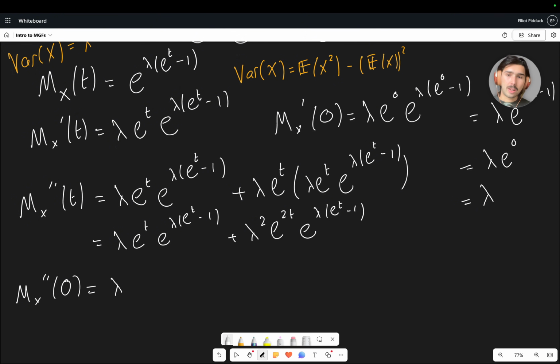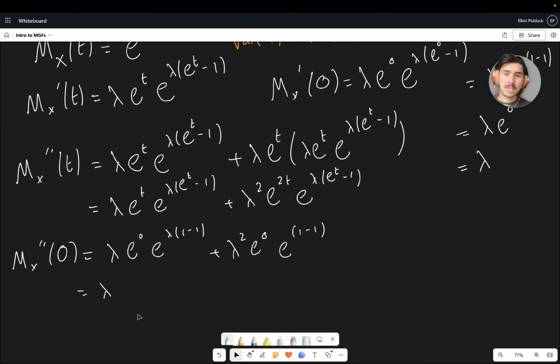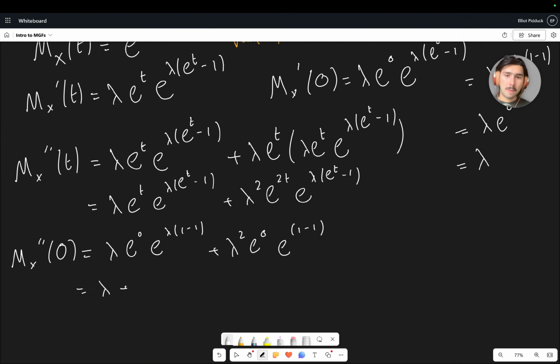So we're going to have lambda times e to the 0 times e to the lambda, this is basically 1 minus 1 here, plus lambda squared e to the 0 e to the, again, this is like 1 minus 1. So we've got lambda times e to the 0 times e to the 0 plus lambda squared times e to the 0 e to the 0. So the second moment of a Poisson distribution is lambda plus lambda squared.